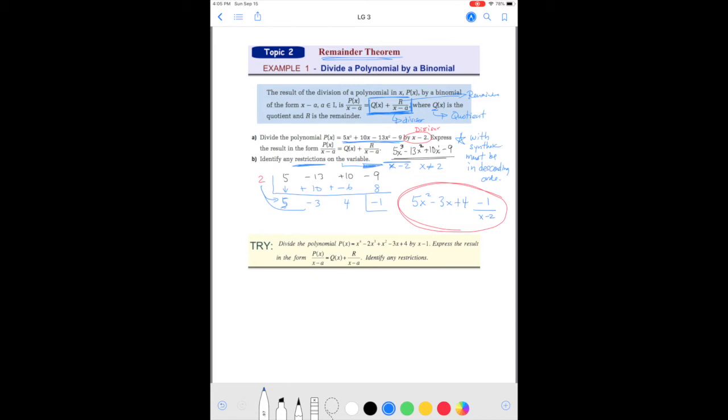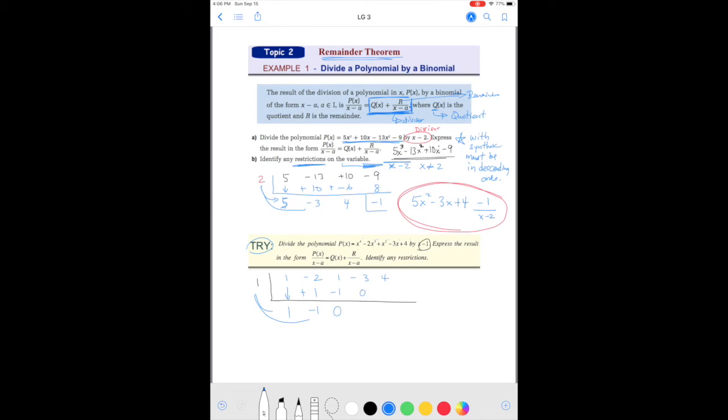All right, so I'll give you a few minutes. You try this one, and I'll put the answer up. All right, so we have 4, 3, 2, 1, so everything's good. So 1, negative 2, 1, negative 3, 4. Opposite, so we have positive 1. We drop this down, multiply 1, add negative 1, multiply negative 1, we get 0.